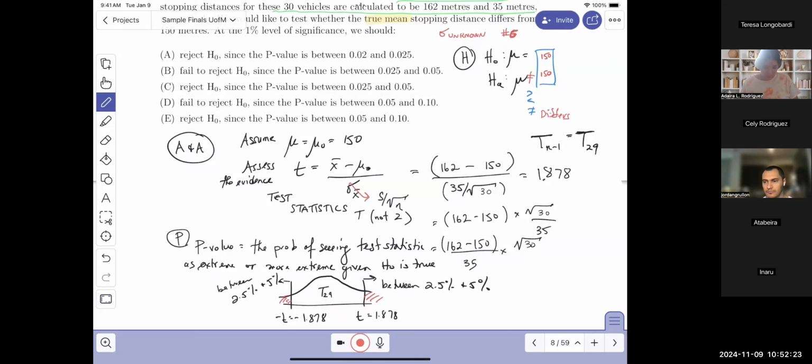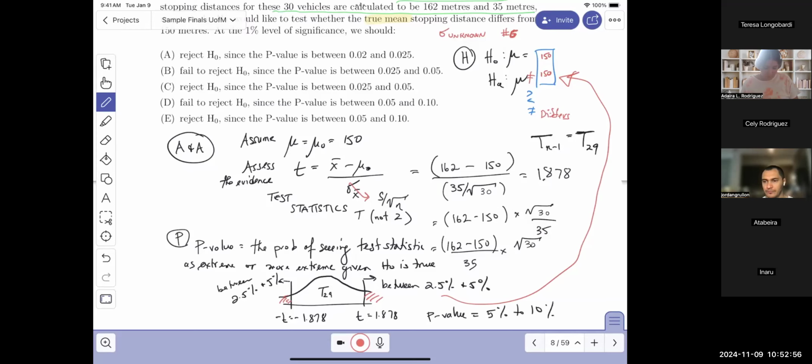And so that means that the chance of seeing it so much higher or so much lower, and the reason why I do that is because going back, the P step depends on what you put here. So otherwise we don't use the alternative hypothesis until we get the P values. That says check on both sides. So the answer is that the P value is equal to double. So it's going to be 5% to 10%.